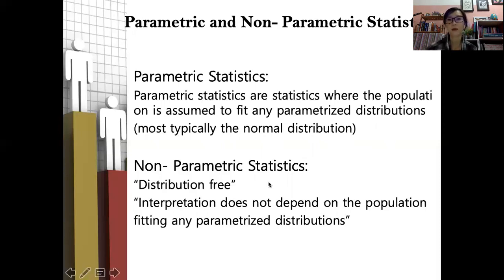But when your data distribution is skewed either positively or negatively, not symmetrical, then you can use the distribution-free statistics, or non-parametric statistics. You can also read further explanations in this book.